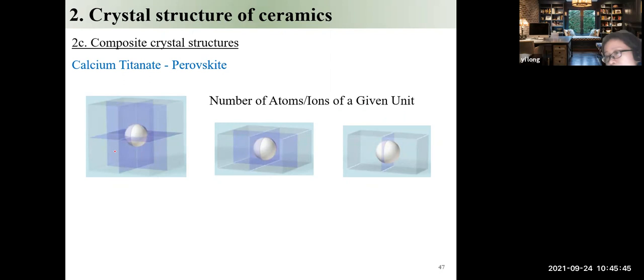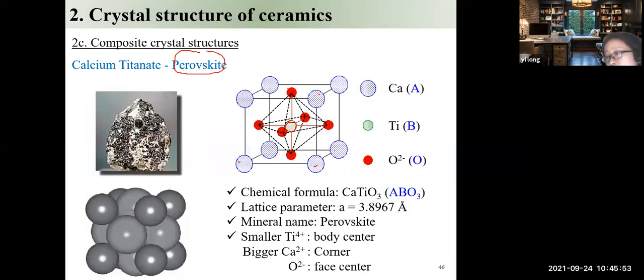For example, if the position of the atom is at the corner, right, this one is at the corner. So now you tell me how many cubes you're going to connect with these atoms, if at the corner.